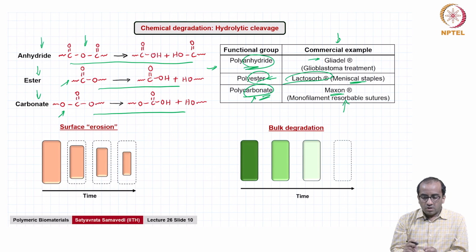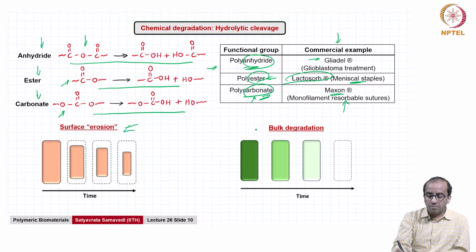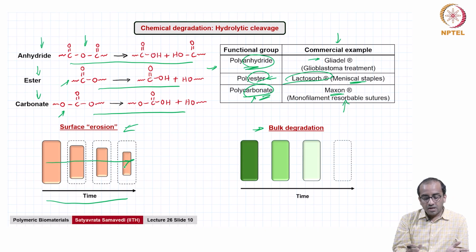And before we move on, because we talked about anhydrides and esters, it makes sense for us to quickly look at the distinction between surface erosion and bulk degradation, right? In surface erosion, with time, you're getting a drastic or a dramatic or a significant change in the shape and size of the material itself or the device itself.